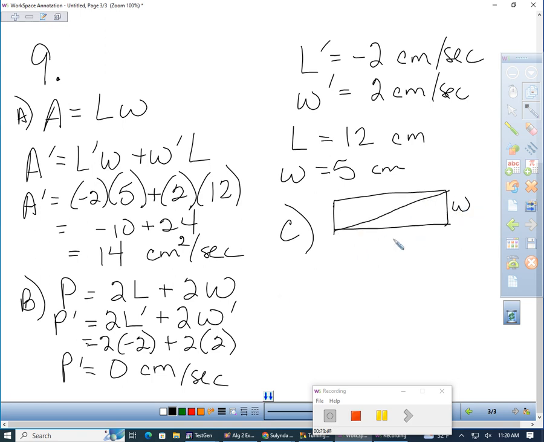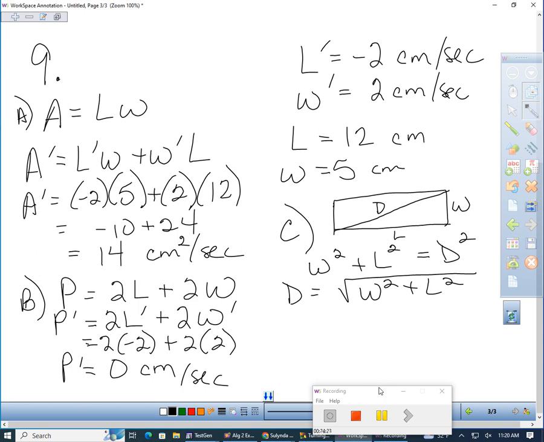If this is W and this is L, then I'm going to call that D. To find the hypotenuse of that diagonal, it would be W squared plus L squared equals D squared. In this case, we've got to get D by itself because that's what we're looking for. So D equals the square root of W squared plus L squared.